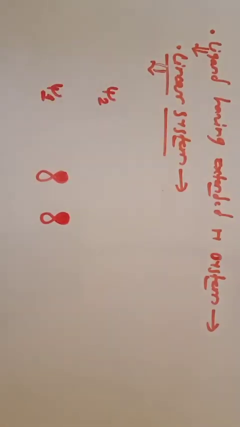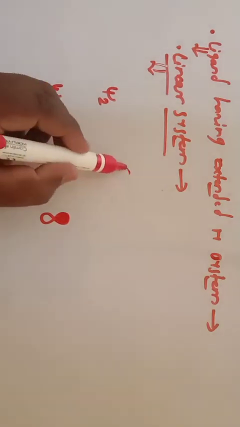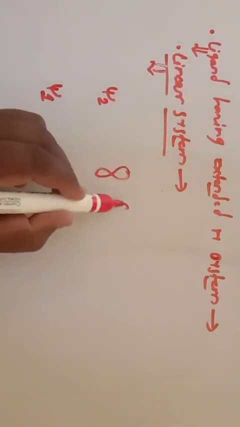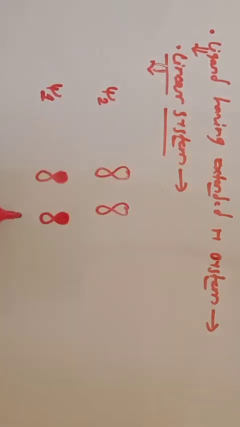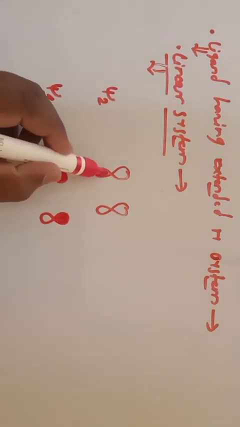This number of functions is equal to the number of carbon atoms. If the number of carbon atoms is 3, then the number of wave functions is 3. If the number of carbon atoms is 4, then the number of wave functions is 4. And in the second, the p orbitals are not in the same plane, they are in the opposite plane.